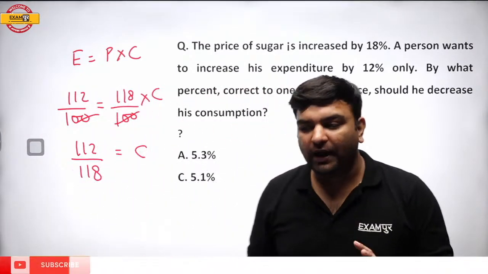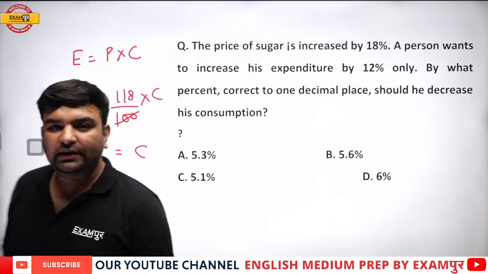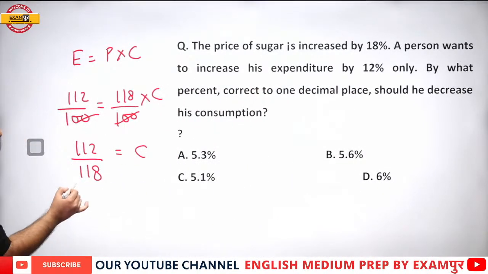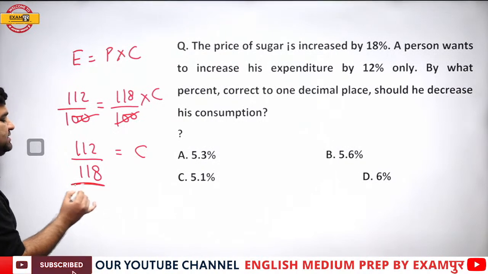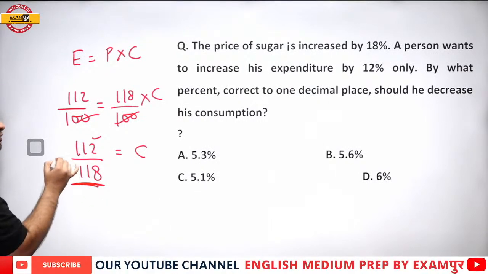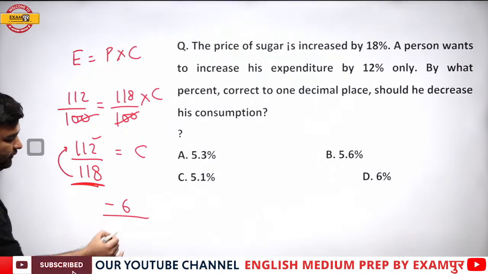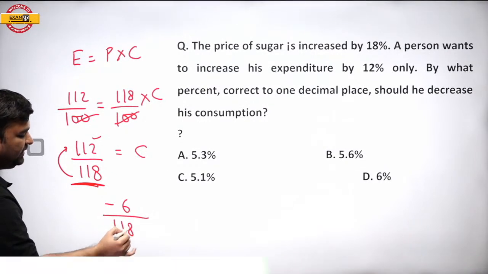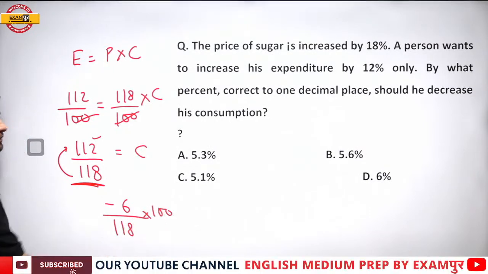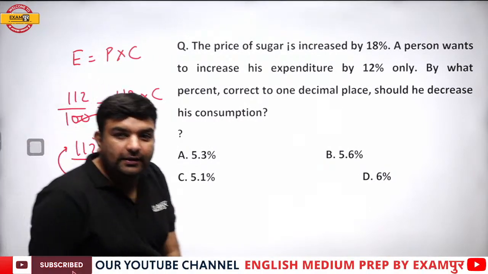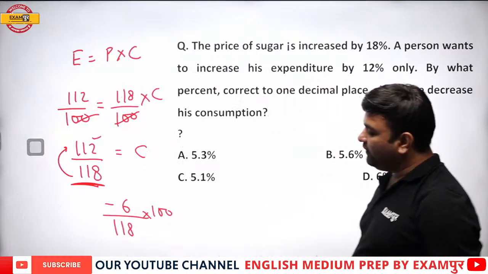How will we interpret this data? Consumption was initially 118 and now it has become 112. So there is a decrement of 6, which is 6 over 118 into 100.